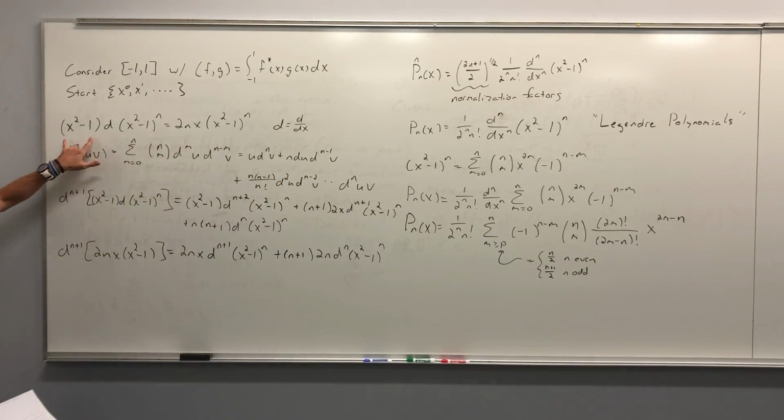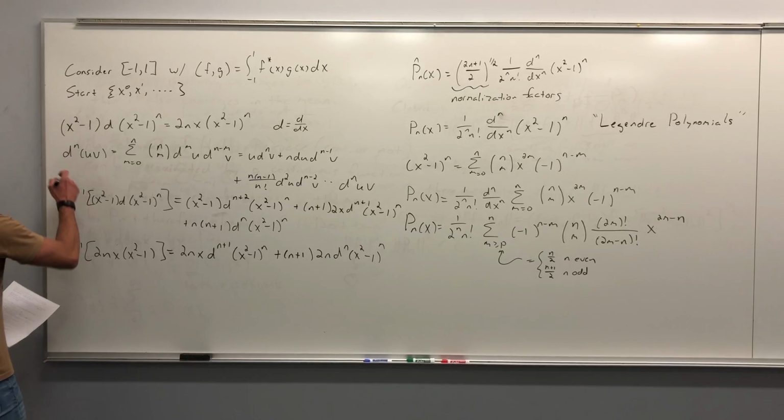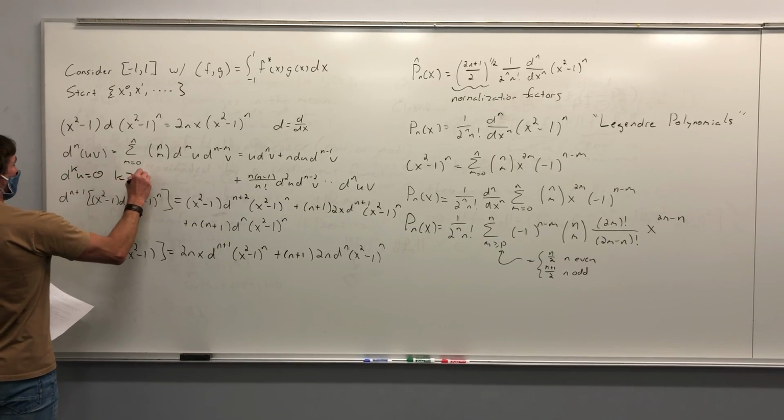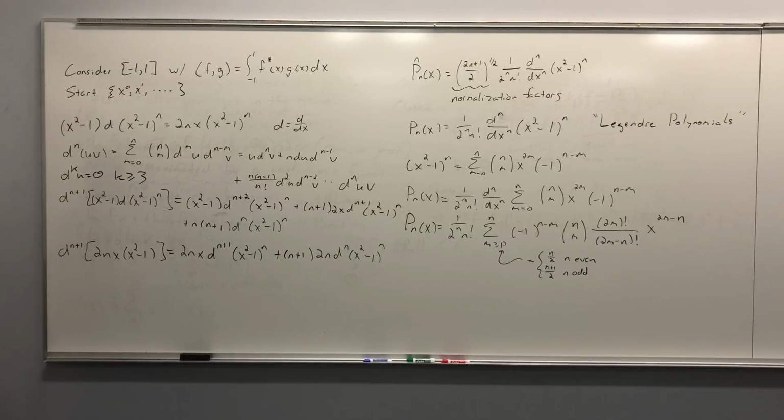But look at what u is. That's 0 after the third derivative. So we have d^k u equals 0 for k greater than or equal to 3. That's why it's a finite number of terms.